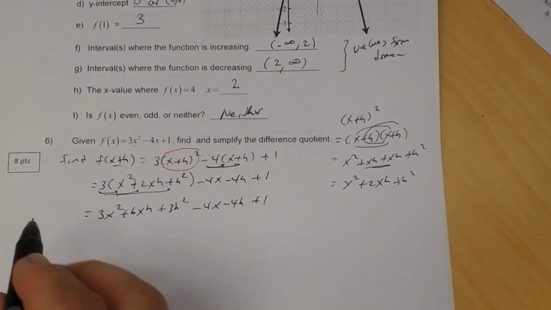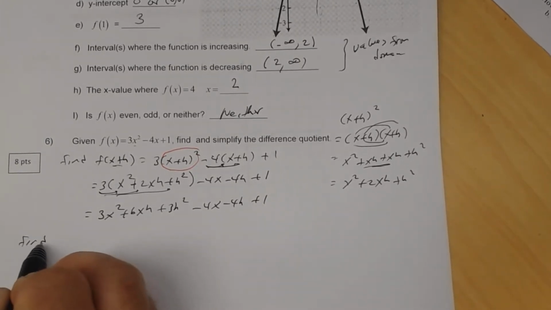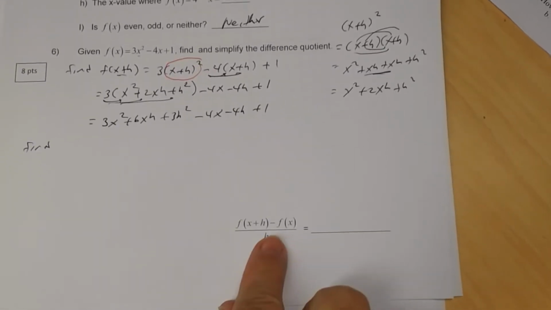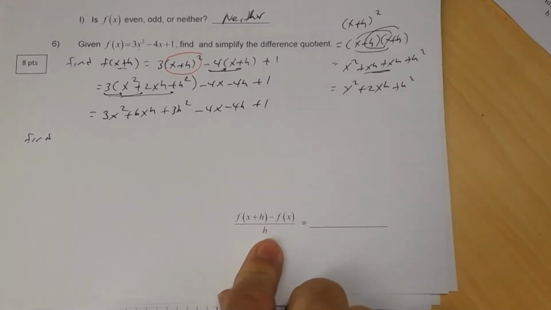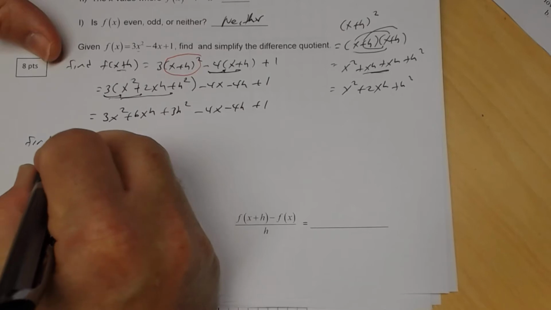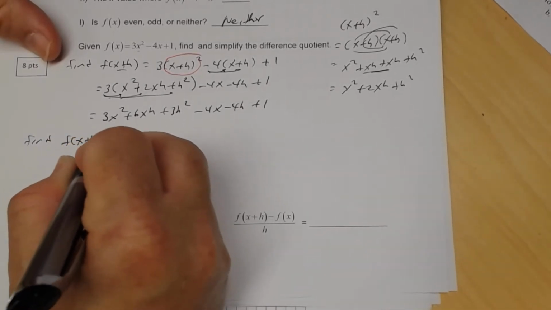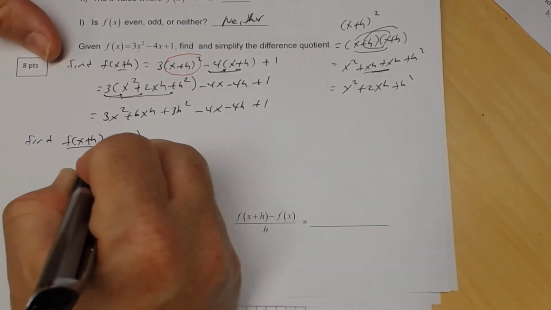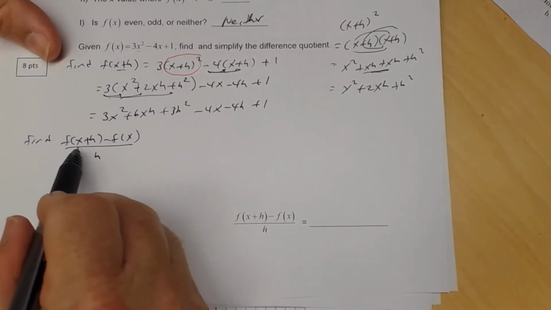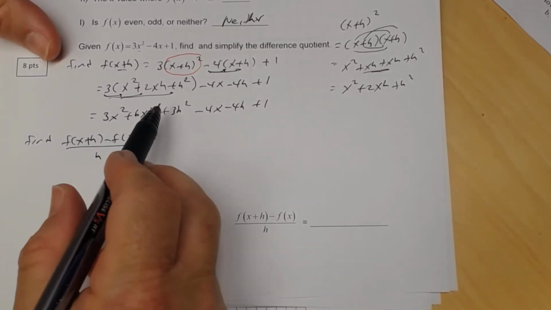All right, now the next step is this. So now we're going to find this difference quotient. So we're going to find f of x plus h minus f of x divided by h. So we already found this. That right here is this.